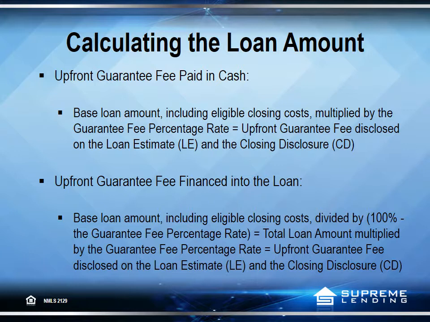If the borrower elects to finance the upfront guarantee fee into the loan, then the base loan amount, including any eligible closing cost, divided by 100% minus the guarantee fee percentage rate, will equal the total loan amount multiplied by the guarantee fee percentage rate, which equals the upfront guarantee fee disclosed on the loan estimate and closing disclosure.